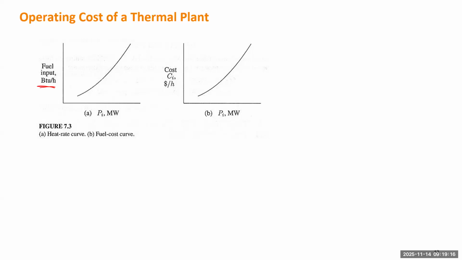The x is the output of the generator. If you want the generator to generate power at this value, that will be the speed at which we provide the fuel. If you want to increase the generation, the fuel speed will be higher, right? That's pretty reasonable.